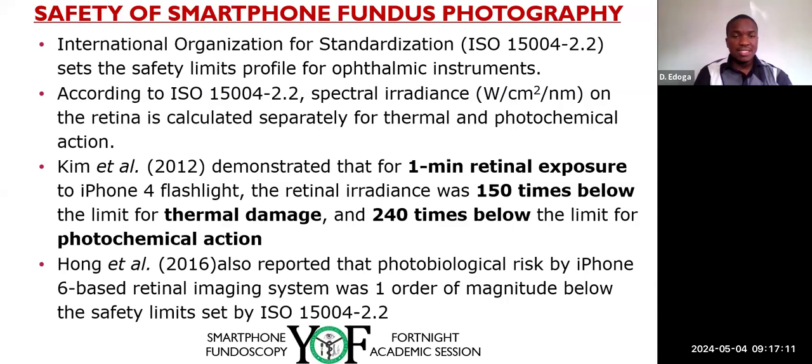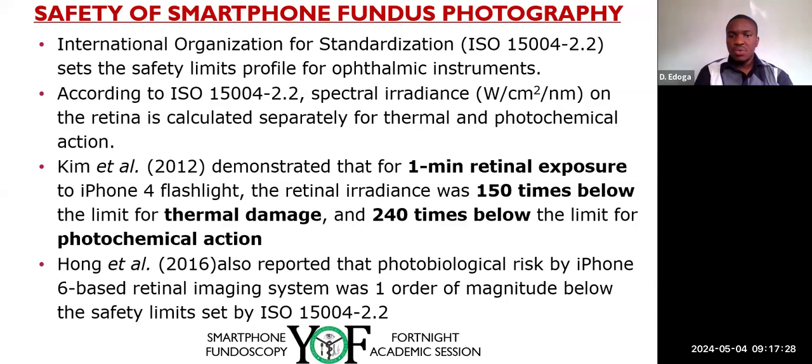Then in 2016, Hong and his colleagues used an iPhone 6 to check for safety, and they discovered that it was one order of magnitude below the safety limit for ISO.